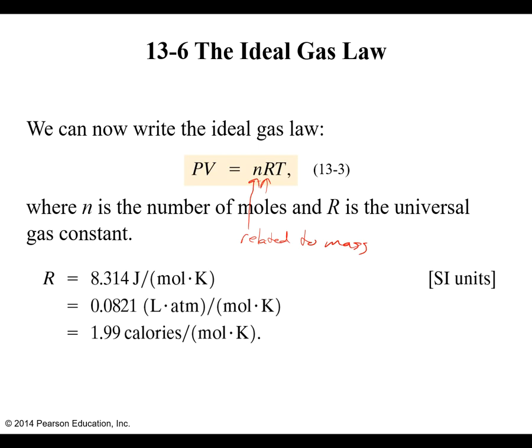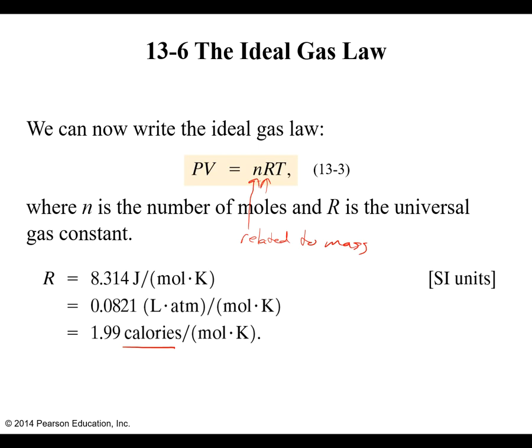If you do a unit analysis and convert units back to cubic meters times pascals, which would equal a joule, you would get back to 8.314. Another unit for energy is the calorie, which we'll discuss more in chapter 14. Using calories for energy, the R constant would be 1.99 calories per mole Kelvin.